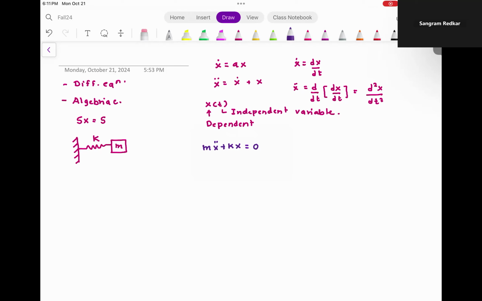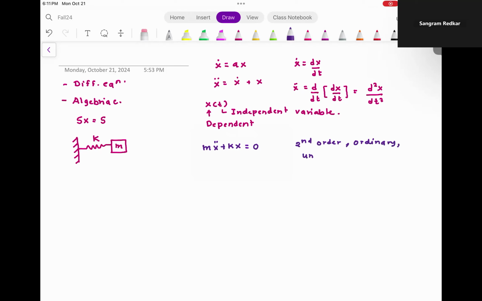This equation, since there are 2 dots on the x, is second order. Ordinary. Why ordinary? Because the independent variable is only 1. It's not 2. So ordinary.